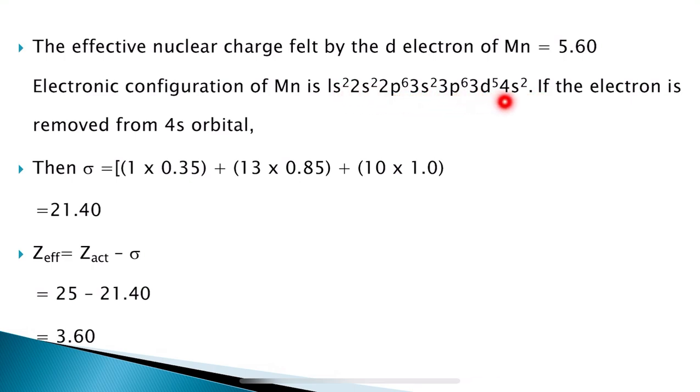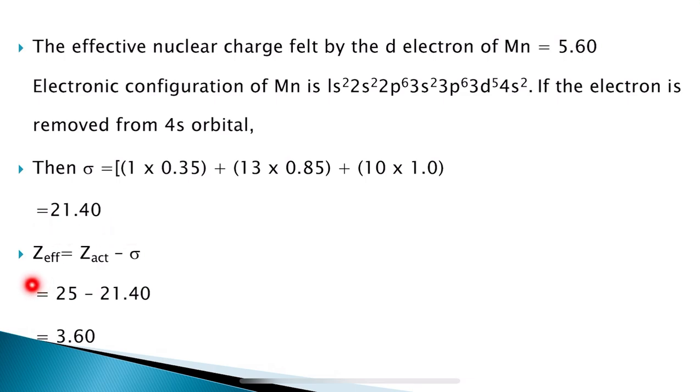Suppose the electron has been removed from the outermost s orbital, what will be the effective nuclear charge of this manganese? Then the screening constant will be 1 into 0.35, 13 into 0.85, 10 into 1.0, which is equal to 21.40.